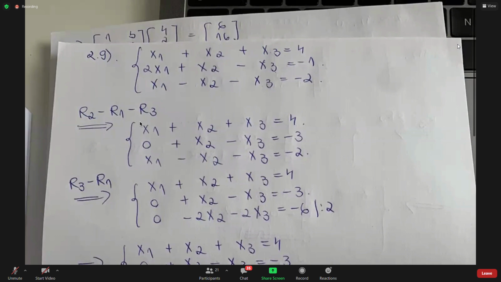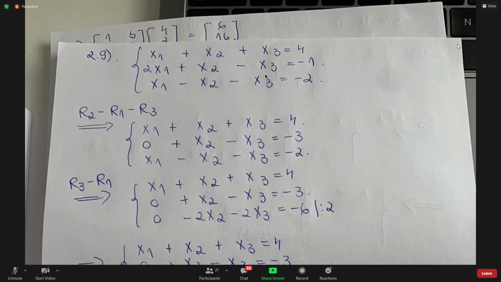In this second parenthesis here, you can see the result of what I had done. Rows 1 and 3 are completely unchanged. The only thing that's changed is row 2. Let's see how. From the second row, 2x1, I have eliminated 1x1 minus 1x1, that comes to a total of 0. Plus, I have x2 minus x2, that is 0, minus x2, that is positive x2.